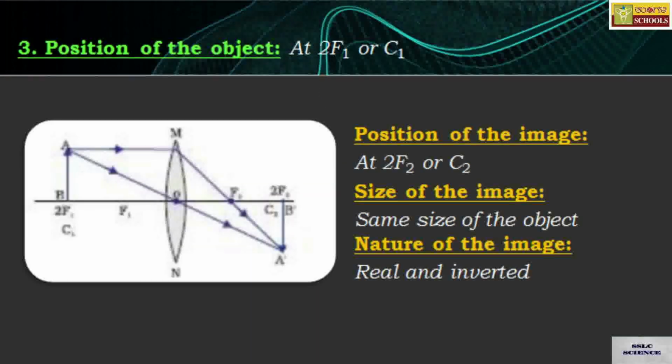The next position: we are placing the object at 2F1 this time, or C1, so better 2F1. Once you have the object at 2F1, again follow the same. The ray which is parallel to the principal axis should pass through F2, and the ray passing through the optic center O will move undeviated, and it intersects at this point.